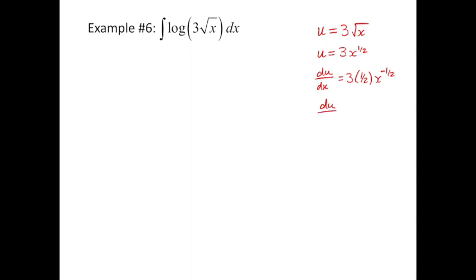So we'd have du over dx equals 3 over 2 root x, just taking that x to the negative 1/2, throwing it in the denominator and writing it as a root. So if we rearrange this, du equals 3 over 2 root x dx, which is a problem because we don't have a root x in our integral to deal with this root x in our derivative.